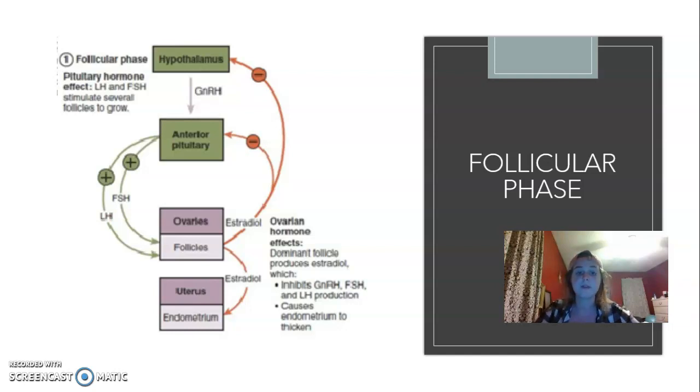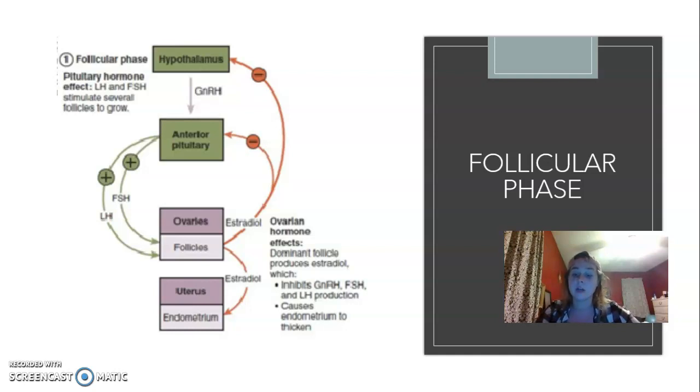So this can lead to the first feedback loop in the female reproductive system, and it is a negative feedback loop. A high concentration of estrogen is produced, and this stimulates the hypothalamus and the pituitary to reduce their production and secretion of GnRH, LH, and FSH.